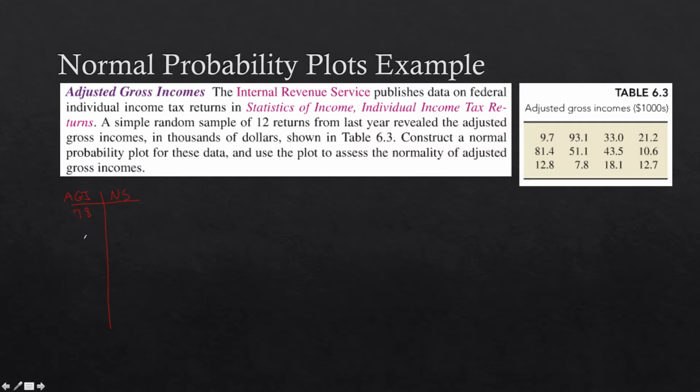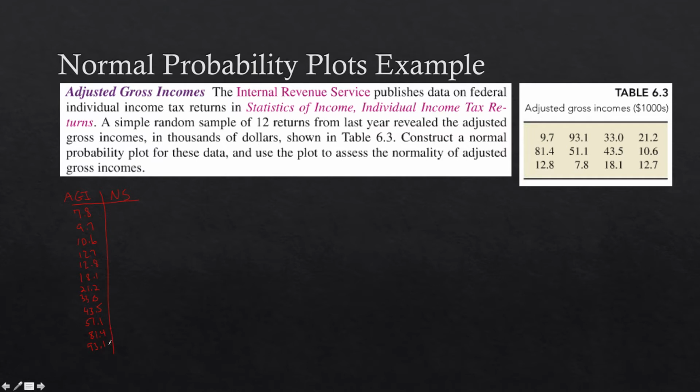So 7.8, 9.7, 10.6, 12.7, 12.8, 18.1, 21.2, 33.0, 43.5, 51.1, 81.4, and 93.1.